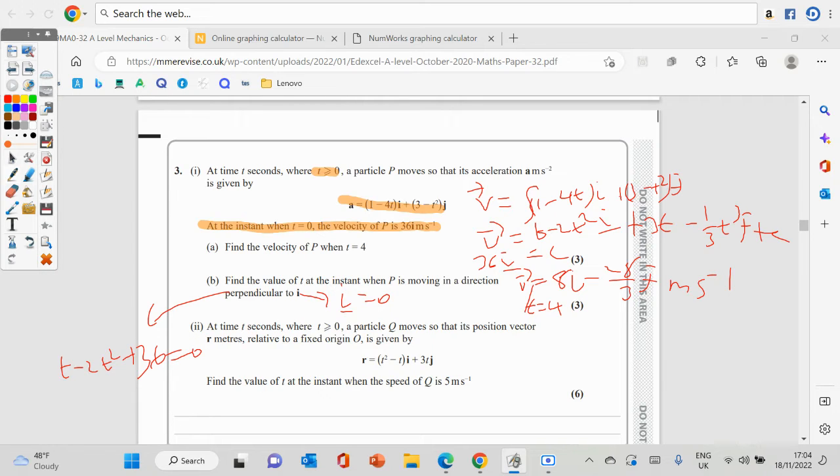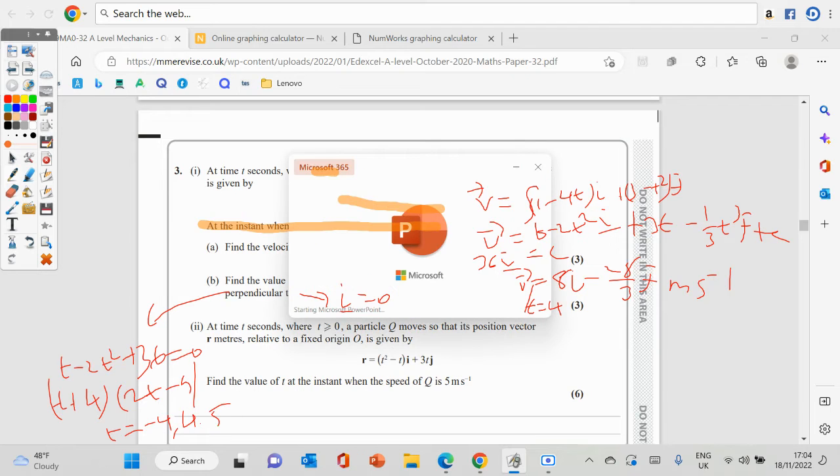That factorises quite neatly, doesn't it, to t plus 4 and then, was it 2t minus 9? That'll factorise nicely. So you get that t is minus 4 or 4.5.